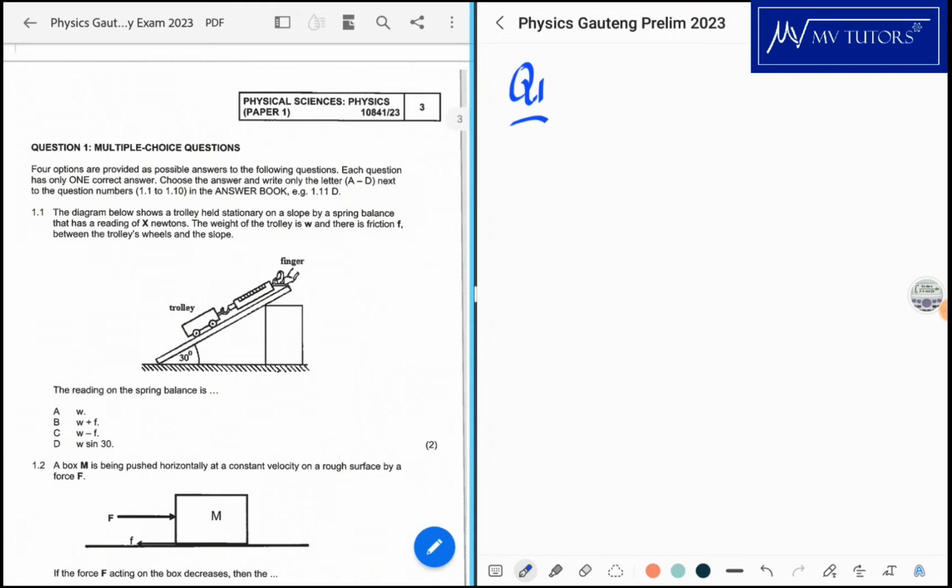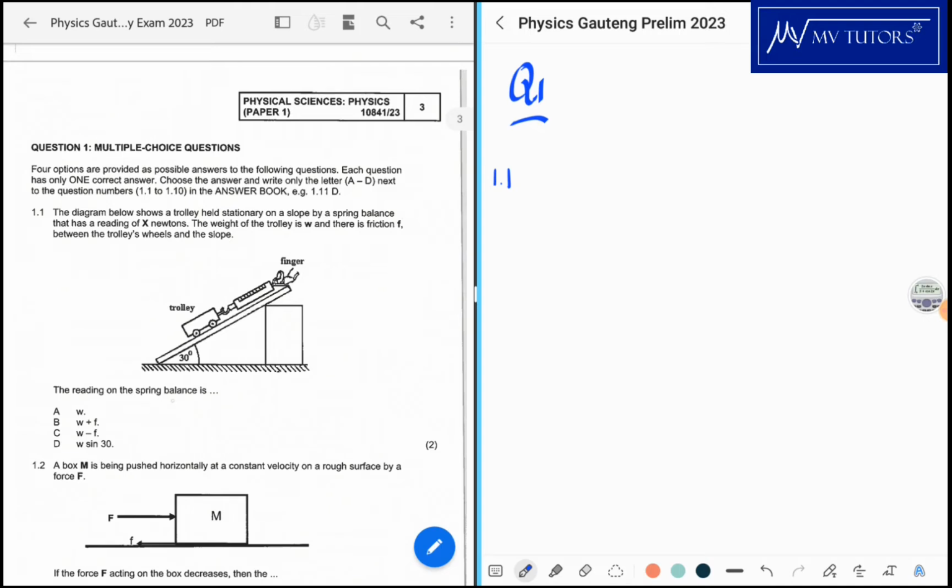All right. So 1.1. The diagram below shows a trolley held stationary on a slope by a spring force that has a reading of X newtons. The weight of the trolley is W and there is friction F between the trolley's wheels and the slope.